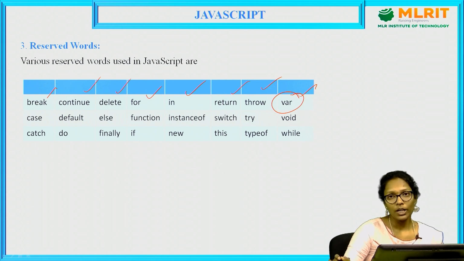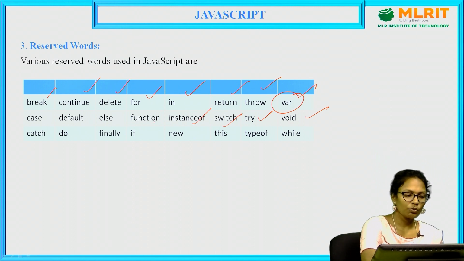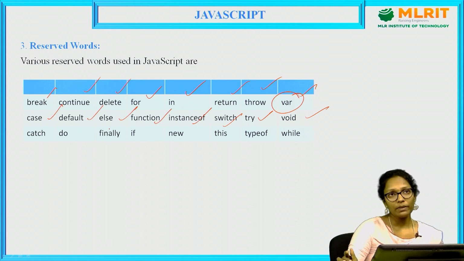Of course, it's not mandatory to declare variables, but for better programming, you can declare your variables using var. But var is a common data type for all the data types. It may be integer or float or double or string, whatever the data type may be, you are declaring using the keyword called var. Also we have void, try, switch, instanceof, function, else, default, case. All these are the predefined keywords or reserved words in JavaScript.